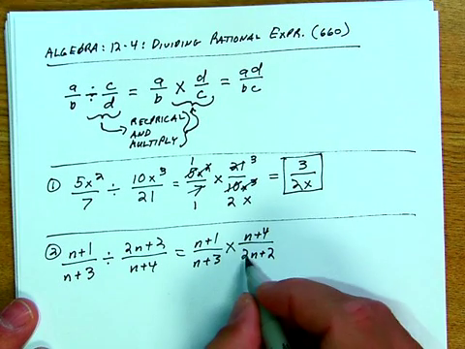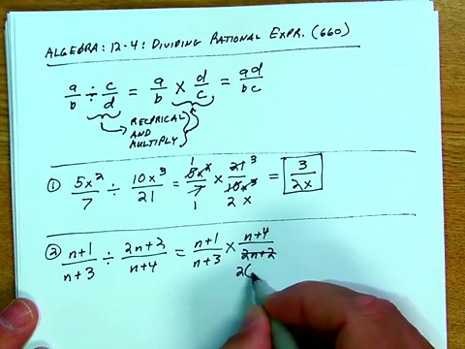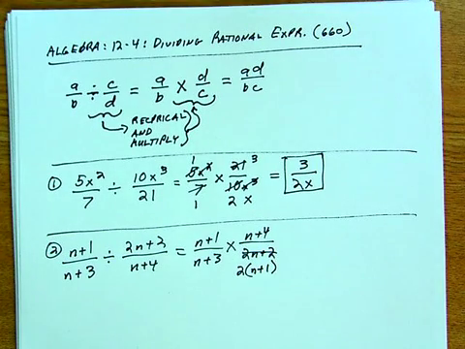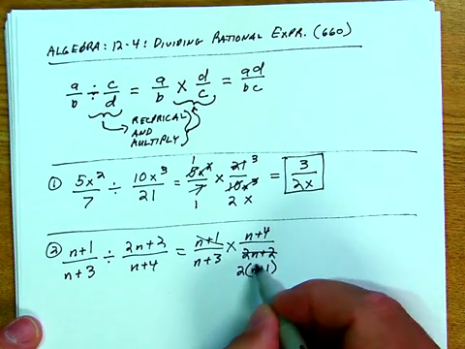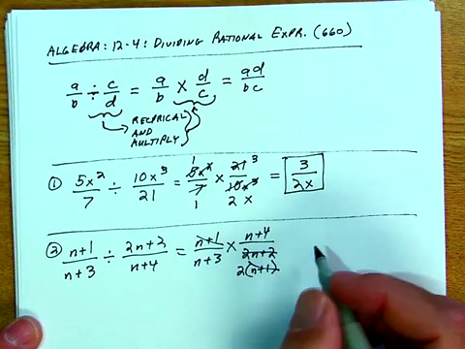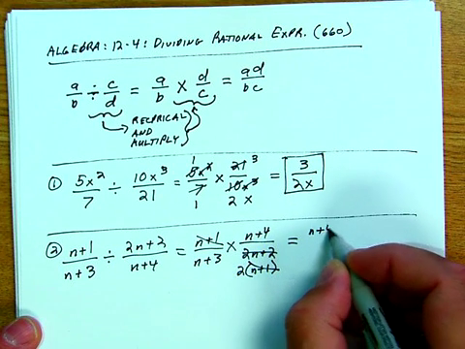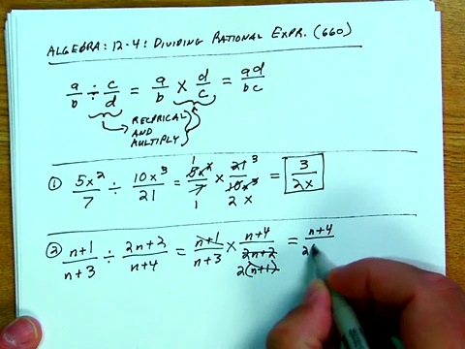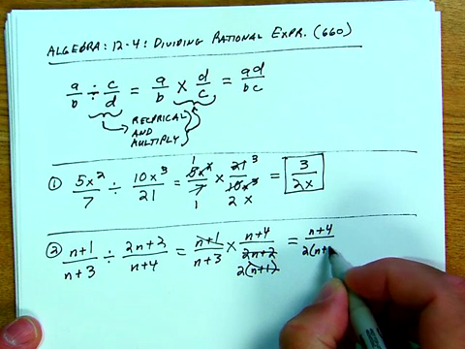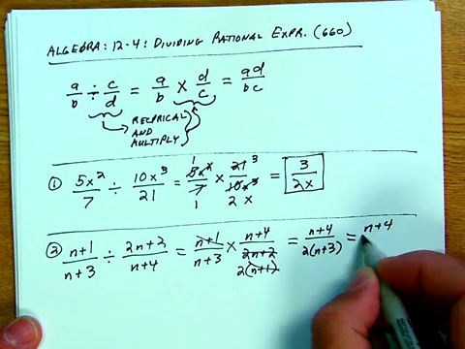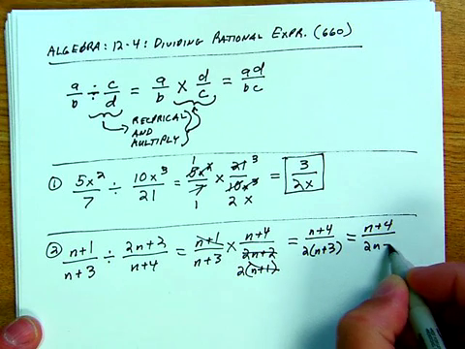Next thing I see is that I can rewrite this as 2 times n plus 1. I factored a 2 out of both of them. Now the n plus 1 cancels the n plus 1. And I'm left with n plus 4 all over 2 times n plus 3. And if I want to, I can multiply that out, n plus 4 all over 2n plus 6.